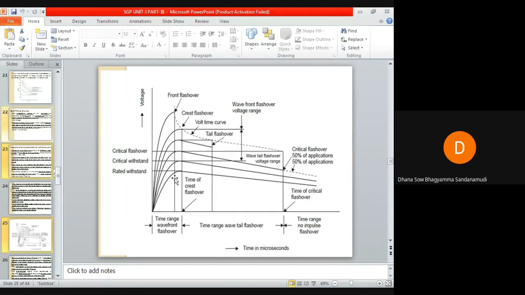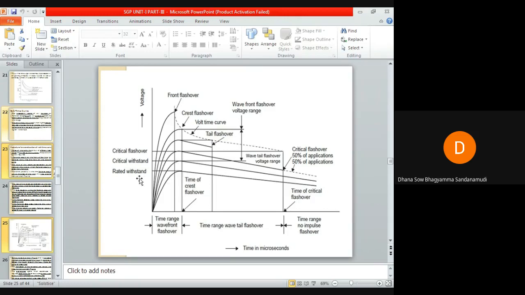The lowermost wave is the rated voltage of the system or the equipment which is to be protected. The rated withstand voltage of the insulation means that at this voltage the insulation breakdown does not occur.